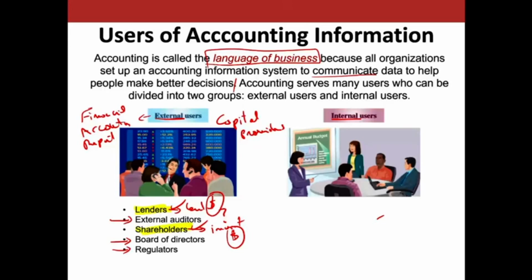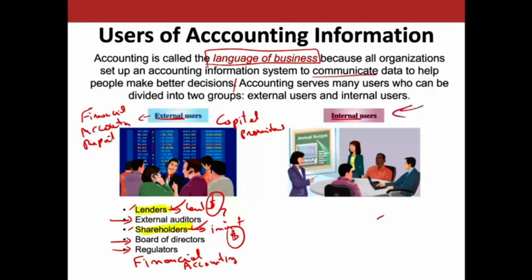But when we prepare the reports, we're mainly targeting lenders and shareholders. In a sense, we are trying to give them as much information as possible. Now, the discipline of external users is called financial accounting, and most likely the course that you are taking right now is called financial accounting. This is what we do: we prepare financial accounting reports for external users.